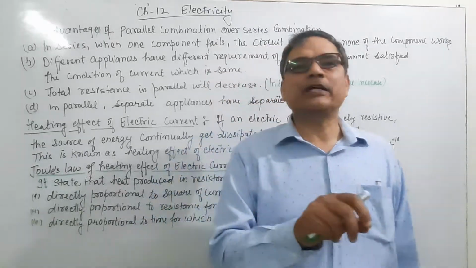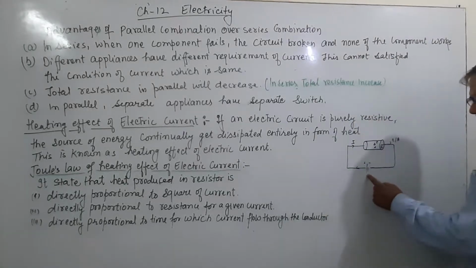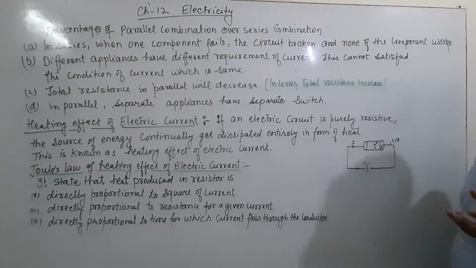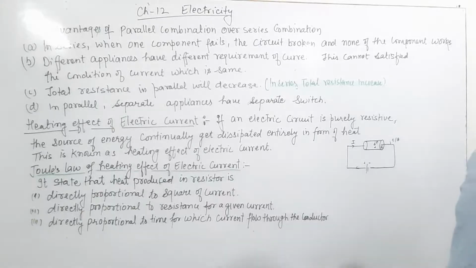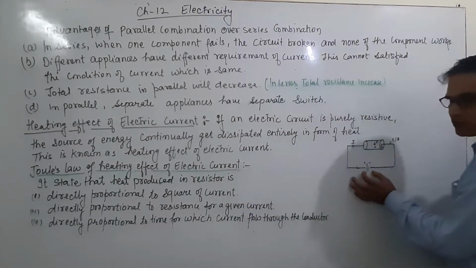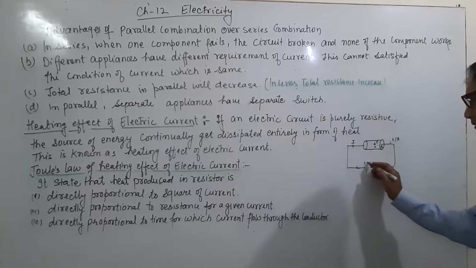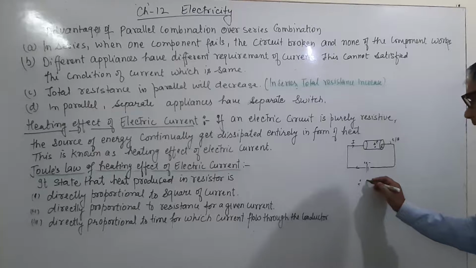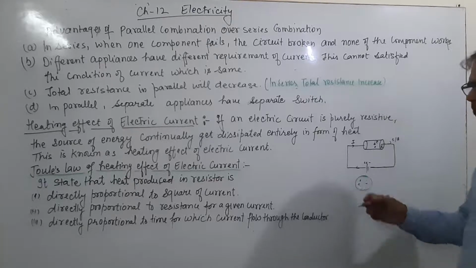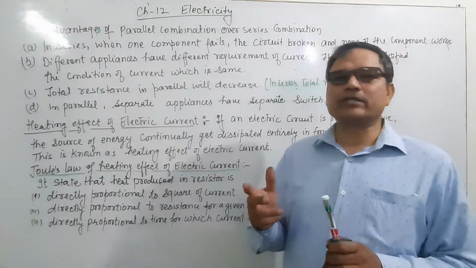A battery is a combination of two or more cells. Here is the source of energy in which a chemical reaction takes place inside this cell. Then it automatically creates a potential difference between positive and negative charge.